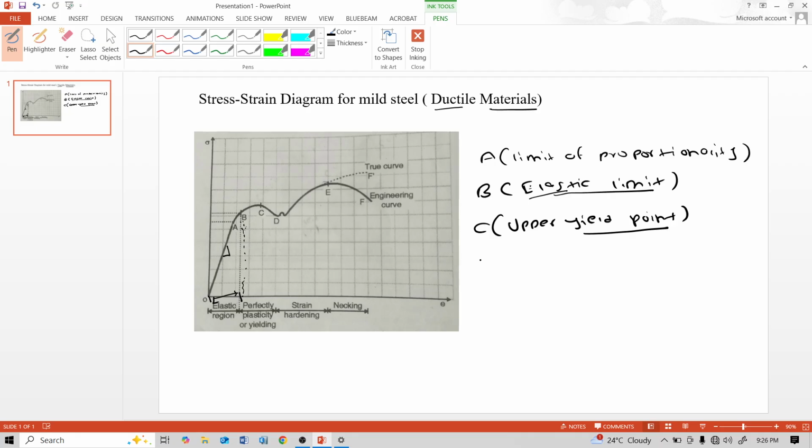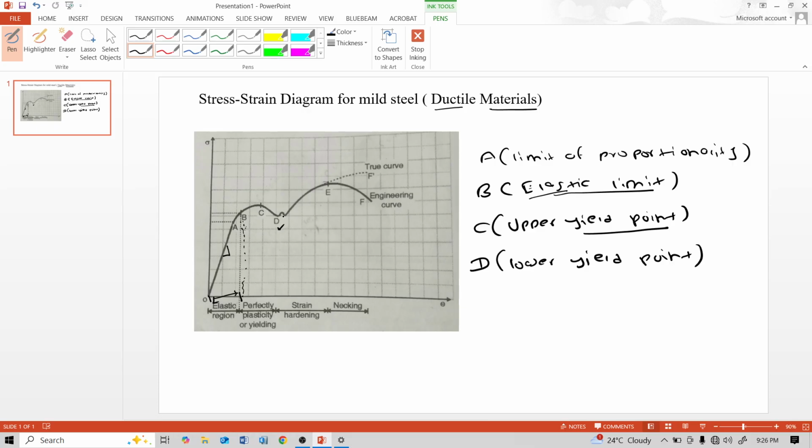And this point D is the lower yield point. It is the point at which the yielding process vanishes.